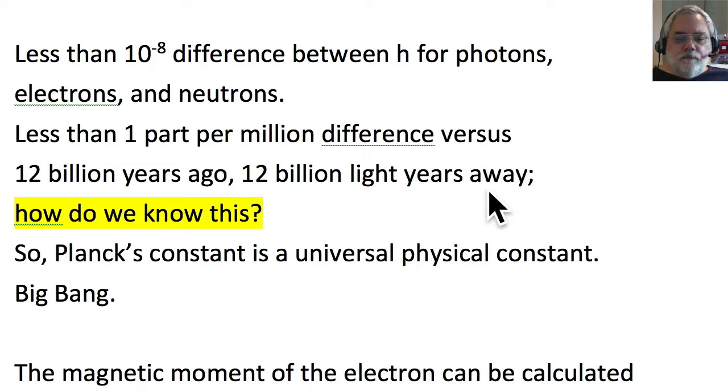It turns out that an electron behaves very slightly like a little bar magnet. It has a little bit of magnetism.